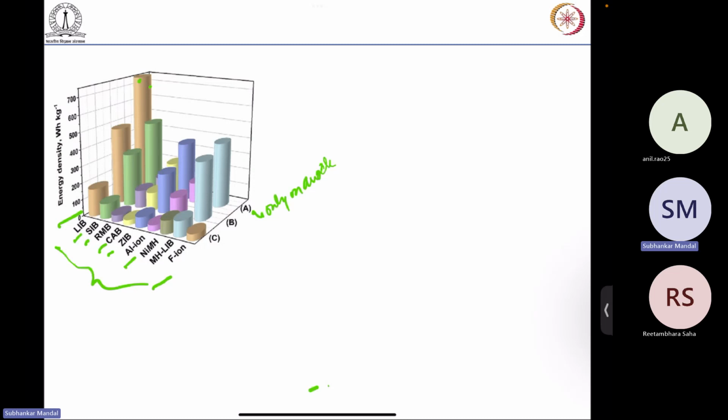So this A value is only on anode, B is only cathode, and C is anode plus cathode. Both are taken, and after that you calculate the energy density.